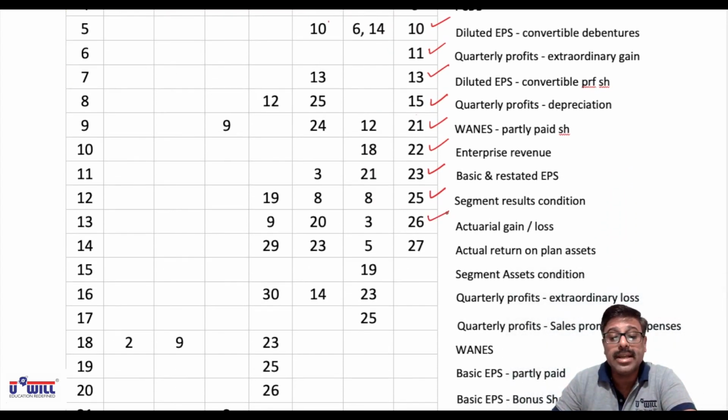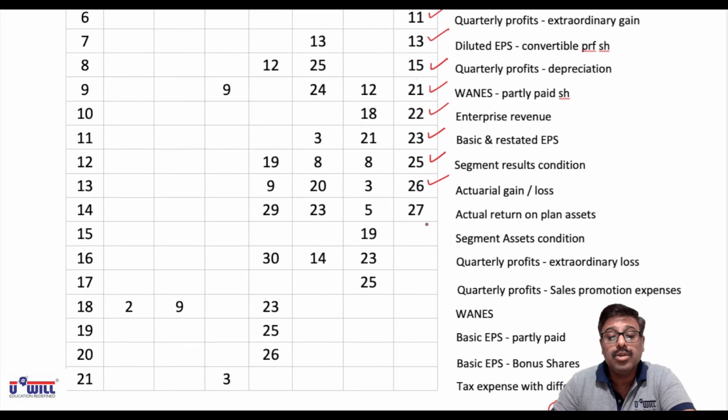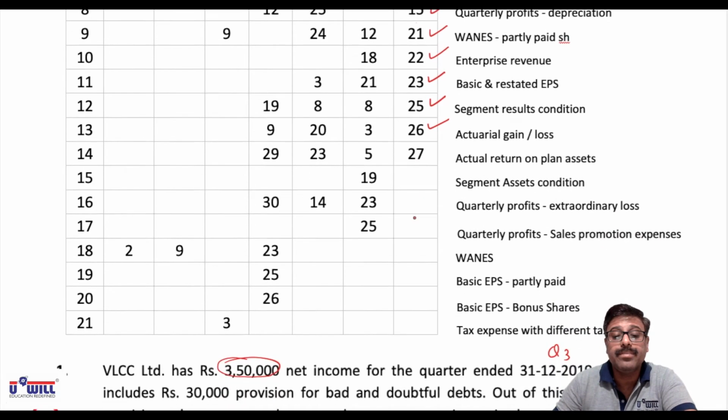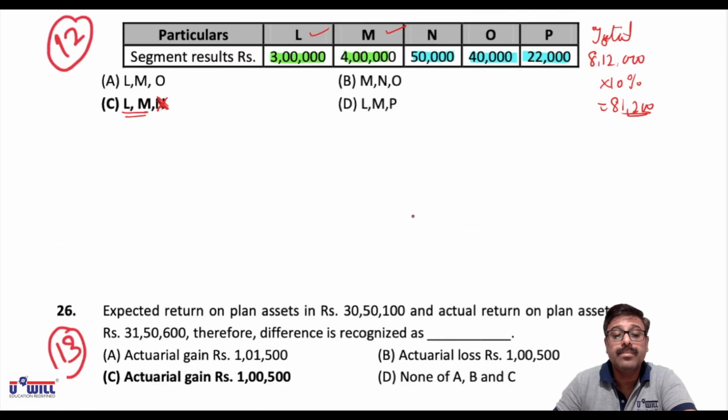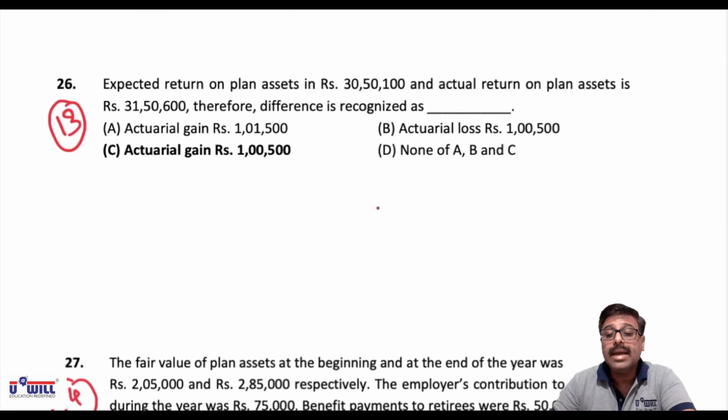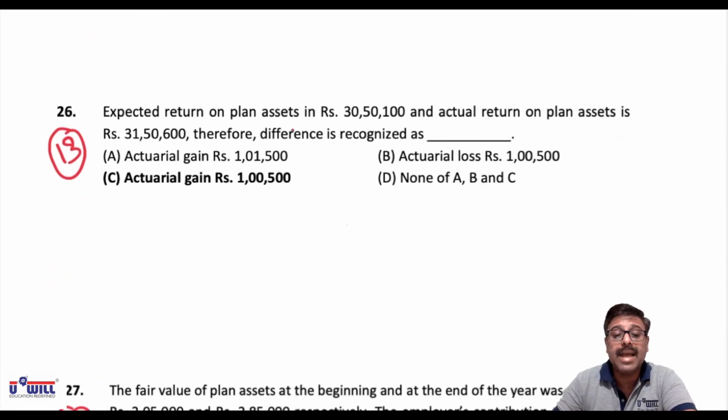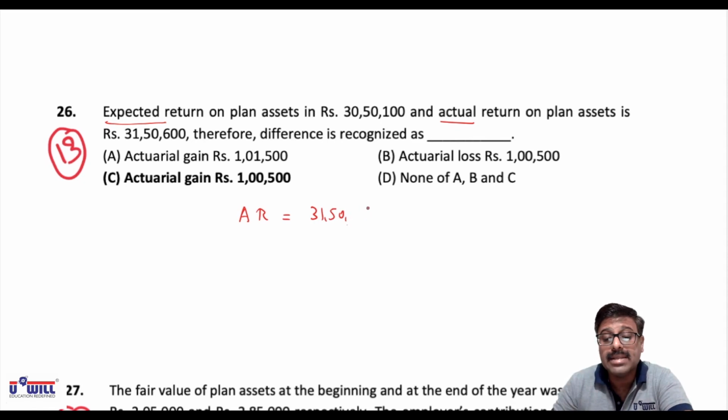Now actuarial gain or loss, question 26. Be attentive. Next variety. Expected return on plan assets is 30,50,100 and actual return on plan assets is 31,50,600. Therefore, the difference is recognized. Now actual return is 31,50,600. From that you minus expected return, 30,50,100.